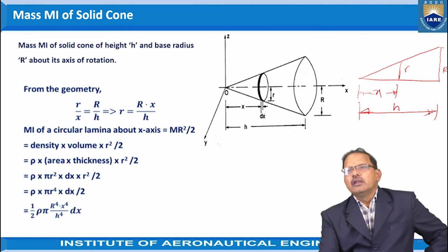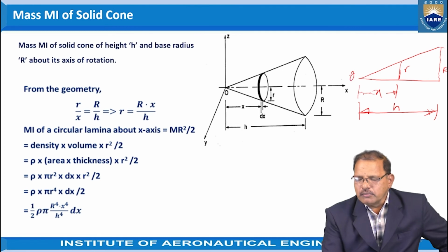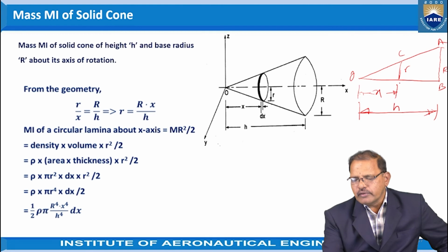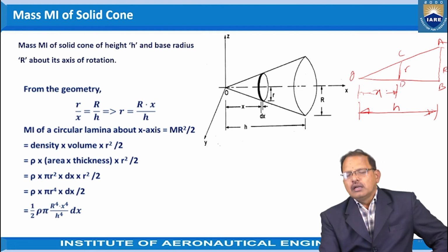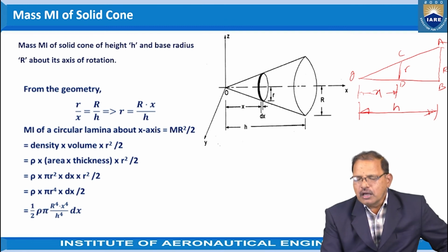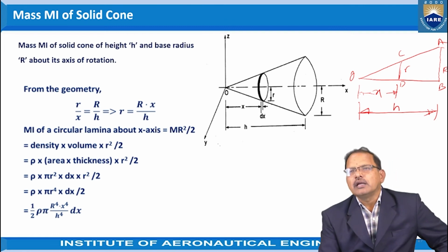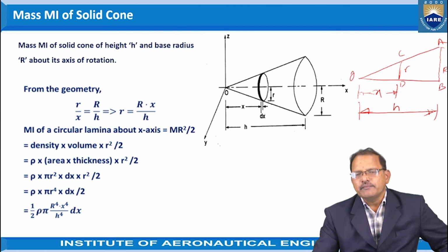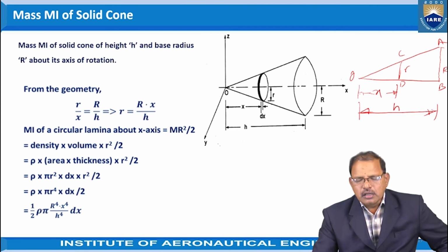Now, taking similar triangles, OAB as one triangle and OCD as the second triangle, from the geometry we get r by x is equal to capital R divided by h, where small r represents the radius of the circle considered, which is at a distance of x having thickness dx, and capital R represents the radius of the base circle.